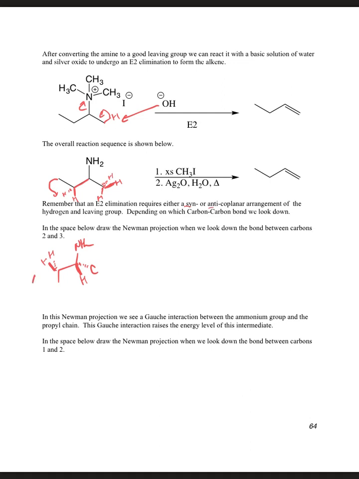So if we put our eyeball here, looking down the 2,3 bond, we would see the way it's drawn here, which is the lowest energy conformation, with the methyl and the nitrogen as far apart as possible. Looking at the Newman projection, the carbon in front, the carbon in back.